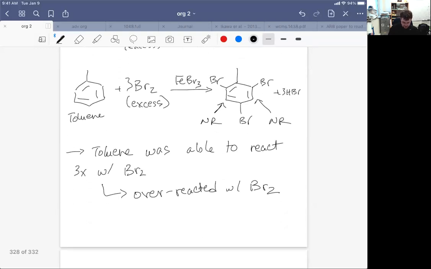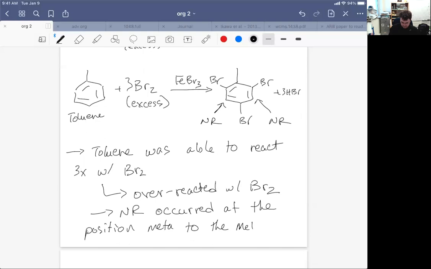Now, the other thing that's interesting is that no reaction occurred at the meta position, or the position meta to the methyl group. And that's indicated by my NR arrows at the meta positions of the product. Okay, just pointing out that we didn't see any bromine substitution there. It's not like it overreacted everywhere. It stopped at just the ortho and the para positions.